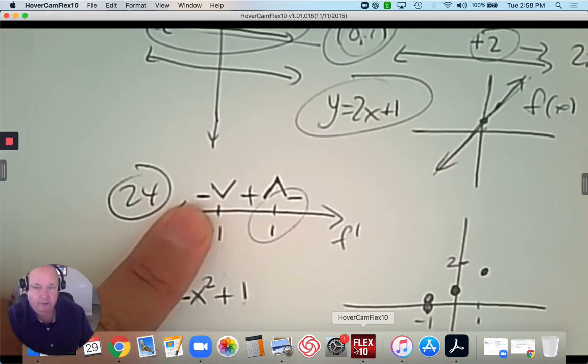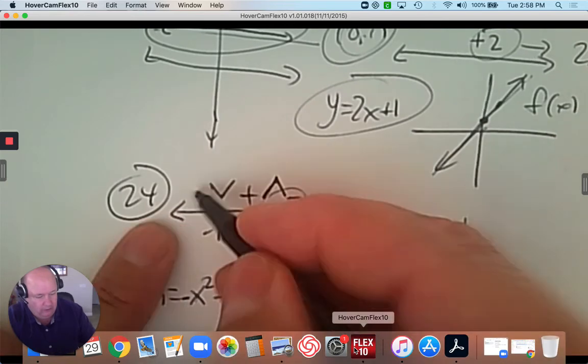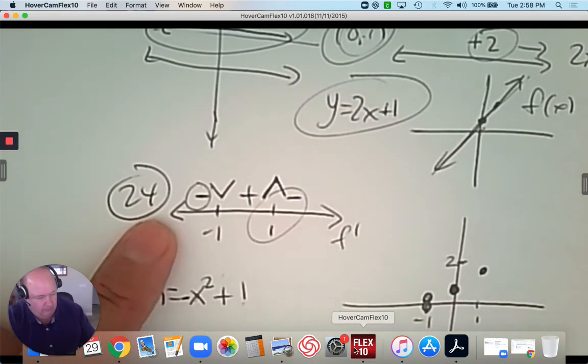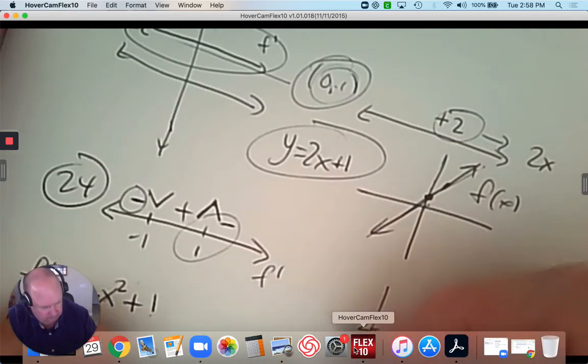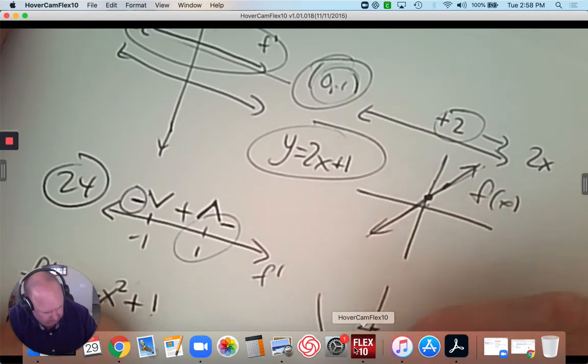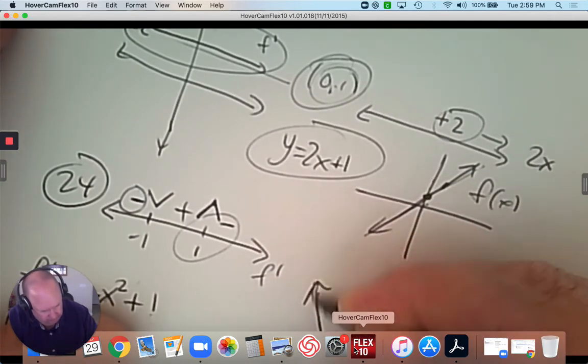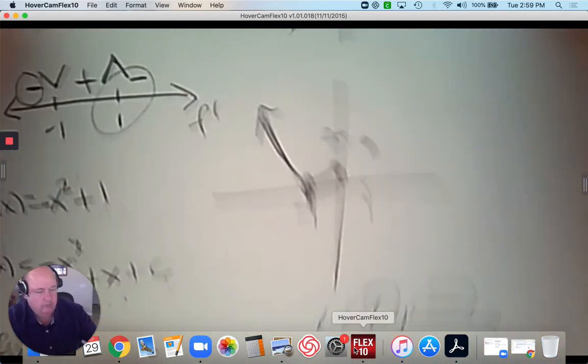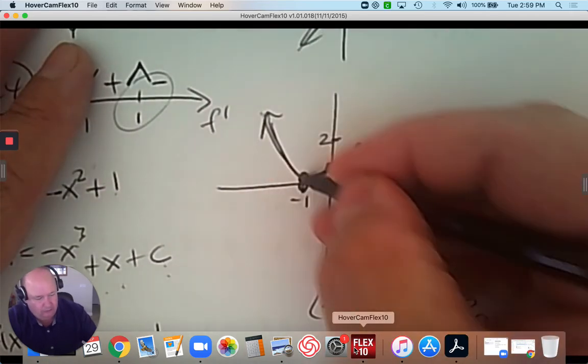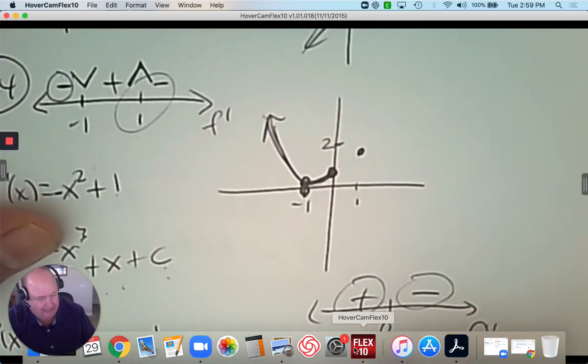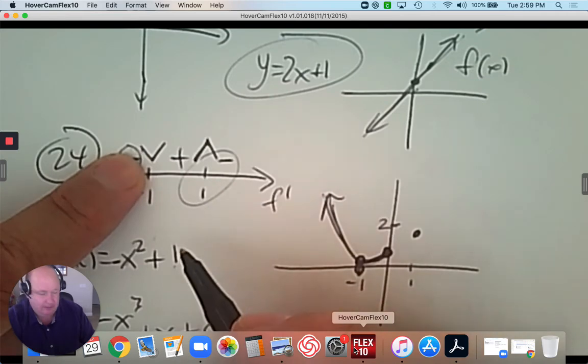So understand what's happening here. We're going to decrease with a smile, but it turns at negative 1 because we have a minimum.